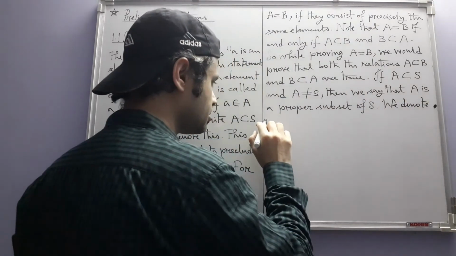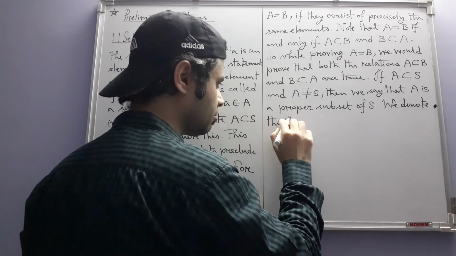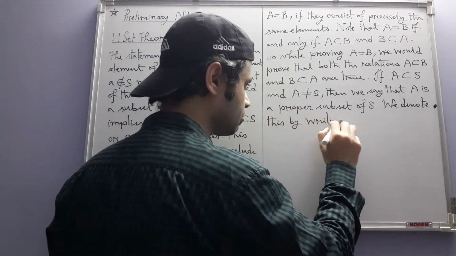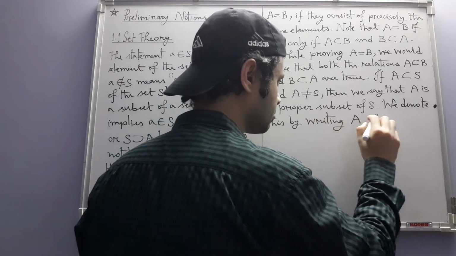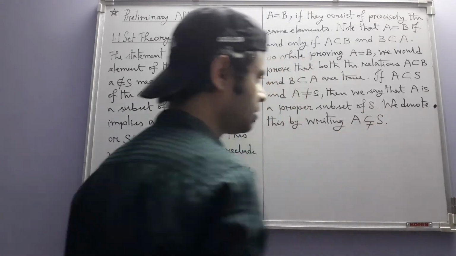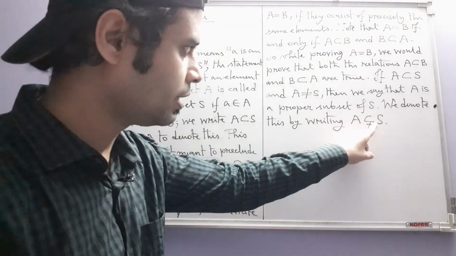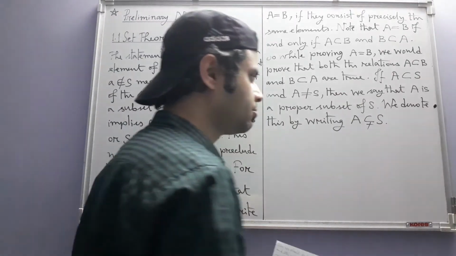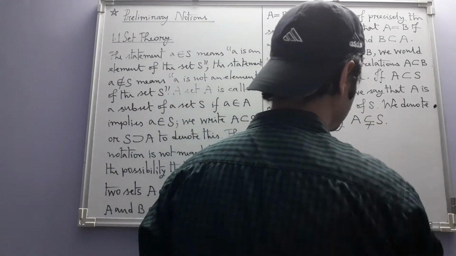We denote this by writing that is, A is a subset of S, but it's not equal to S. Okay, so we are going to use this symbol.